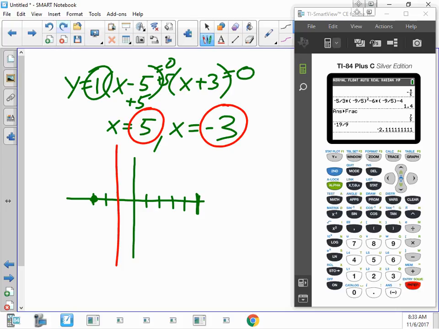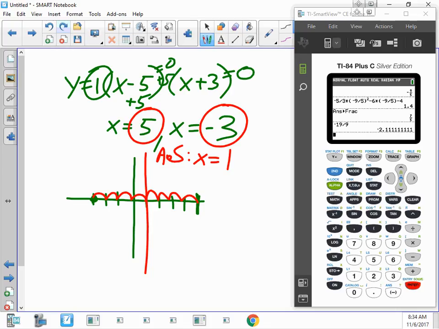What is 5 plus negative 3? 2, and cut that in half, 1. The axis of symmetry is right here at x equals 1. And you'll notice that's exactly halfway between the 2 roots. If I count over 1, 2, 3, 4, and 1, 2, 3, 4, it landed right in the middle.